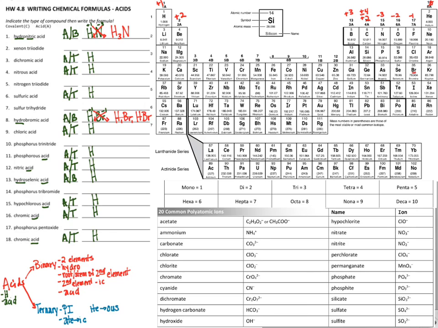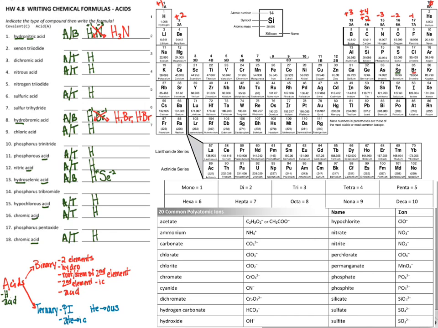Alright, my last binary acid, I have hydroselenic acid. And again, my root word for that is Se for selenium. Hydrogen is +1, and I keep forgetting to leave myself a little bit of room. Selenium is in group, it's right over here. It's in group 16, so it has an oxidation charge of -2. So again, I'm going to include it on here, -2.